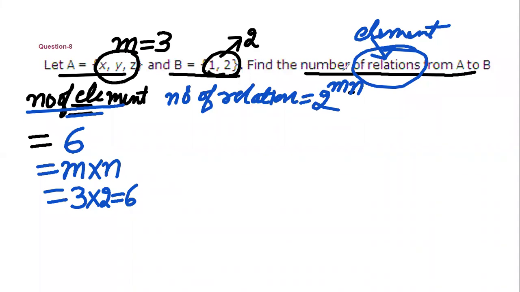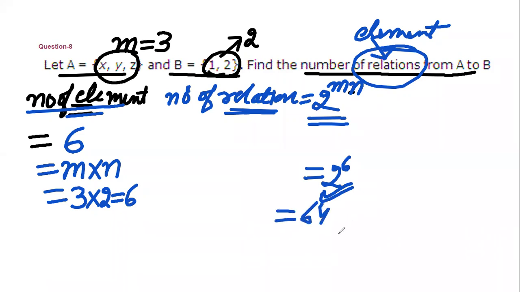Is it right? Got it? The number of relations is 2 to the power m n, which is 2 to the power 6. Yes, the answer is 64.